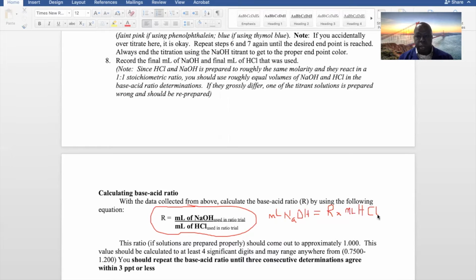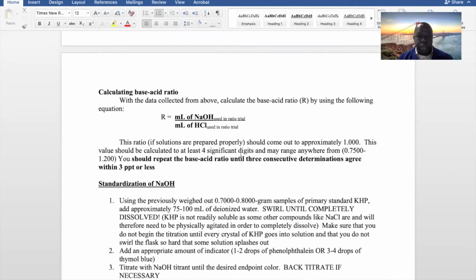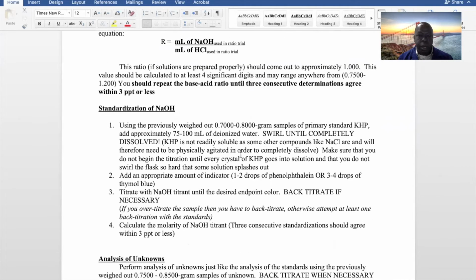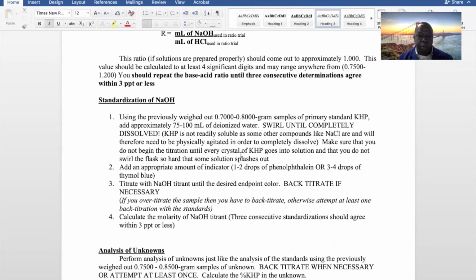So let's go down the data sheet. Once you determine the R value, you are supposed to go to the titration of your standard, having a sample of 0.700 to 0.800 gram.